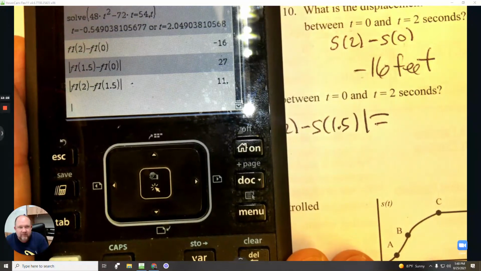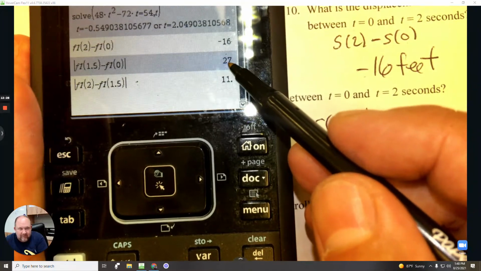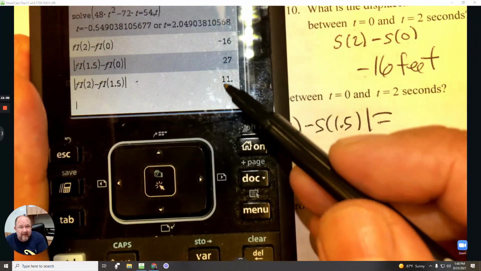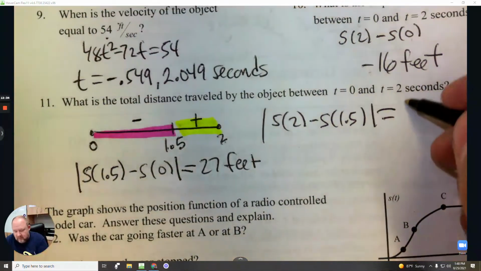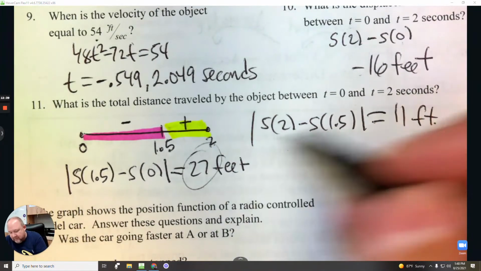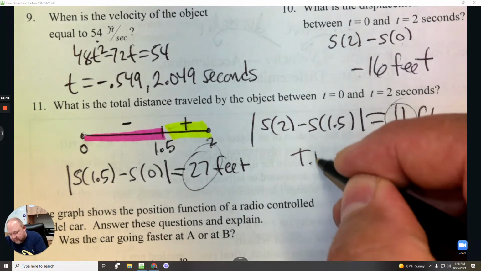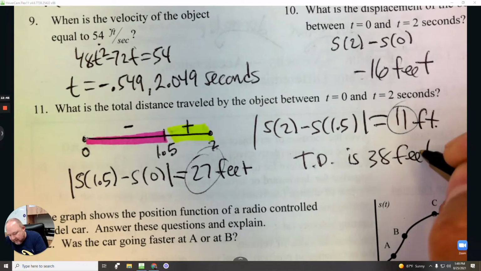And you get the answer 11. So the object went 27 feet to the left, then it changed direction and went 11 feet to the right. And then what's the total distance? You add these up. So the total distance is 38 feet because you added up both directions.